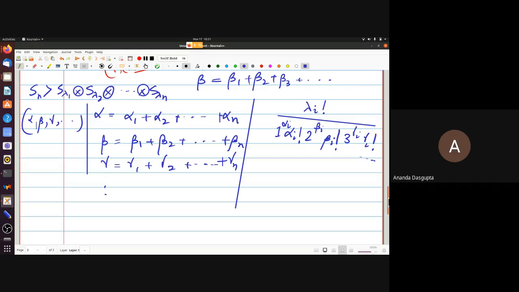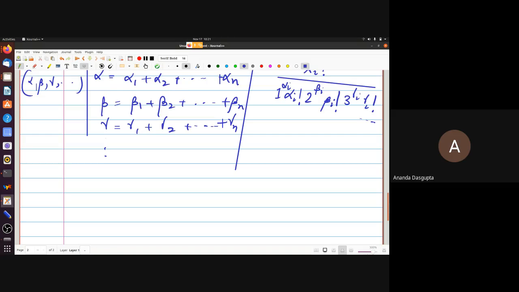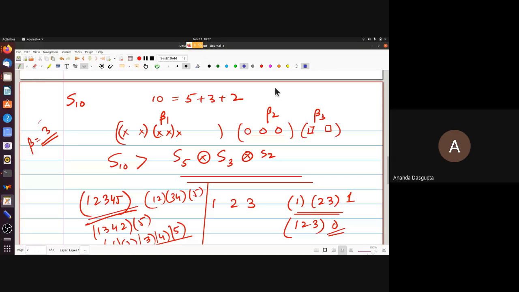Is it okay? Let me just give you this specific example once again. Let's say I'm looking at a particular class of S10 where the cycle structure is, let's say, 4 1-cycles. That leaves us 6 elements. So alpha is equal to 4.